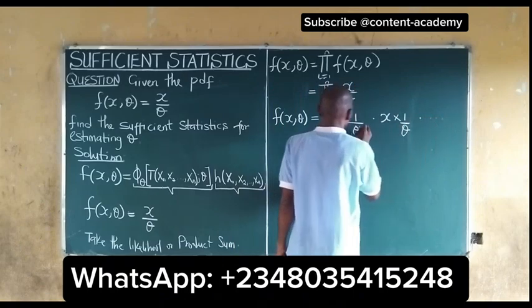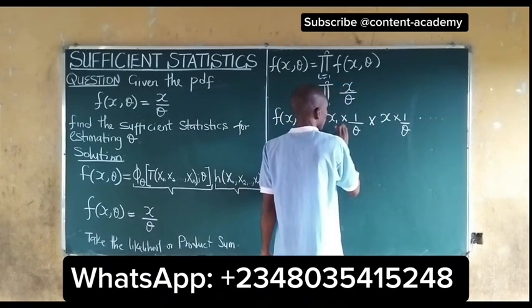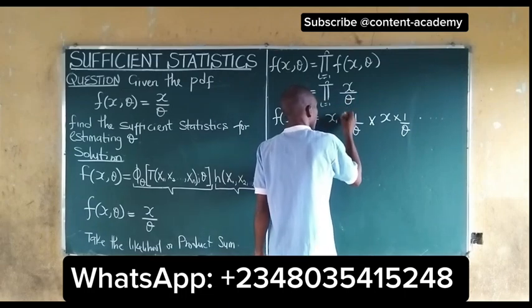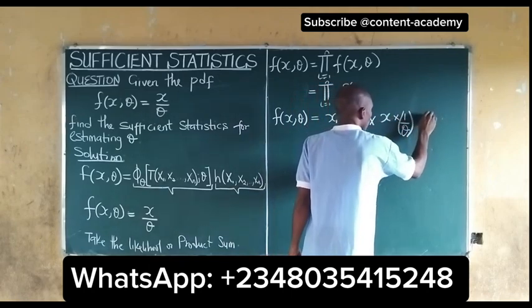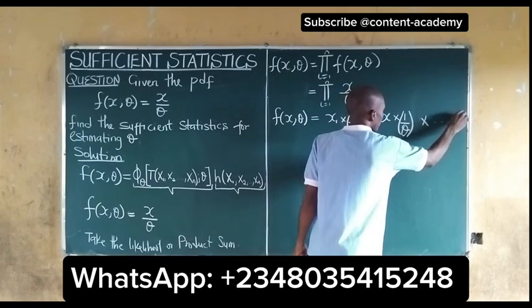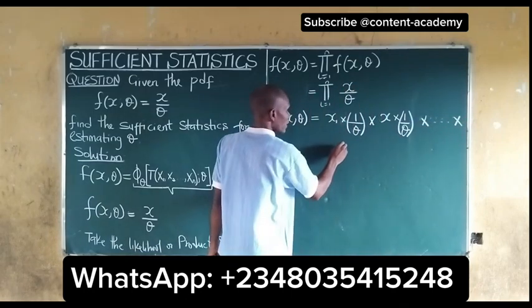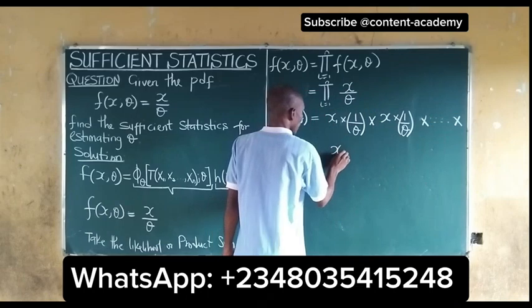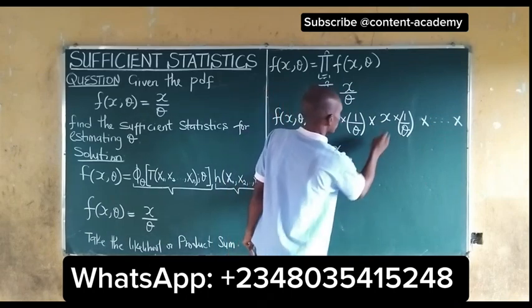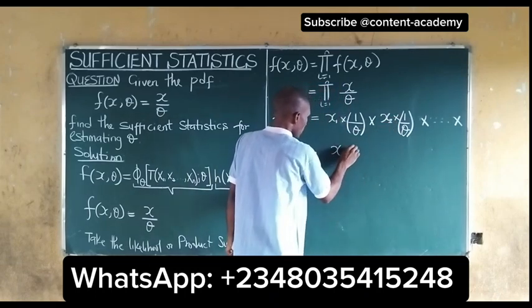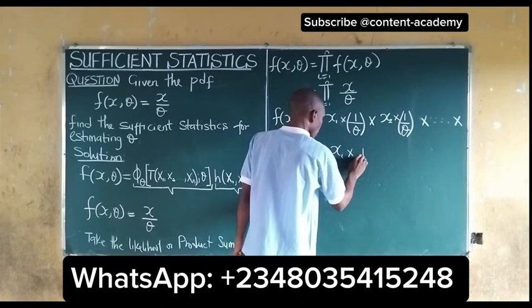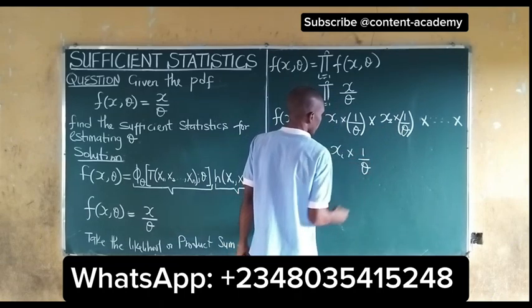So we can put our multiplication here, multiplied by xi's, multiplied by 1 all over theta.